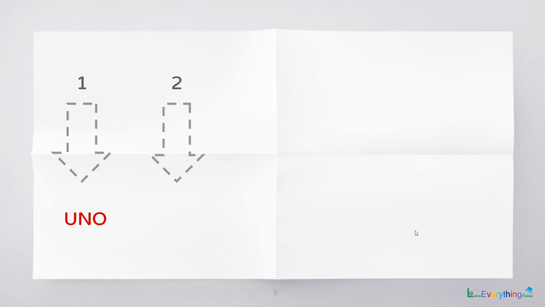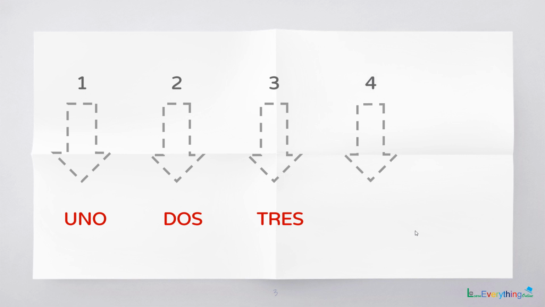Counting from 1 to 15, the first part. The number 1 is uno. Number 2, dos. Number 3, tres. Number 4, cuatro. Number 5, cinco.